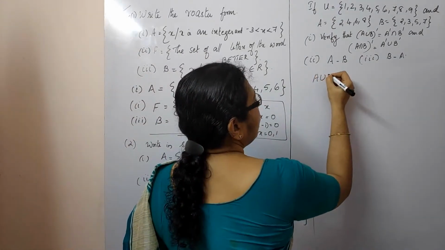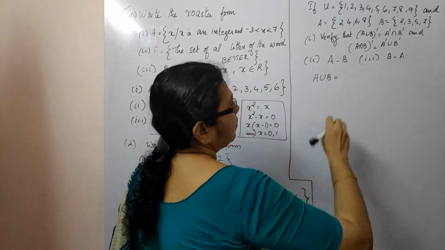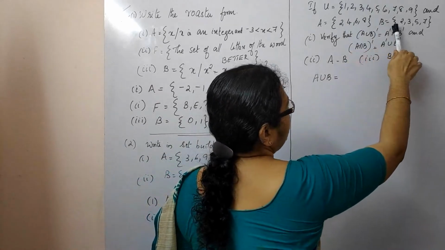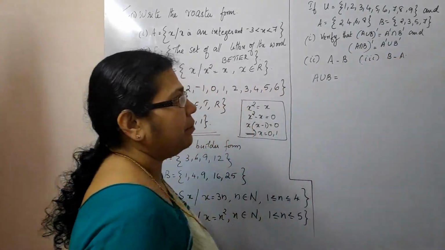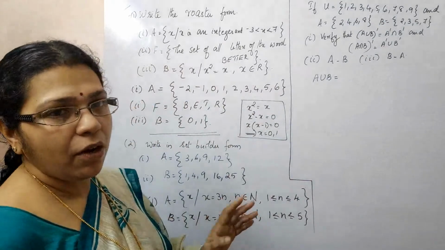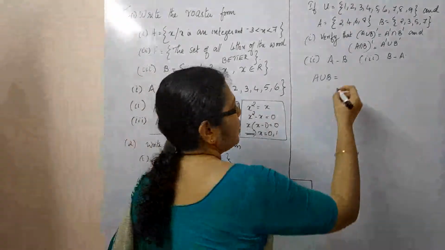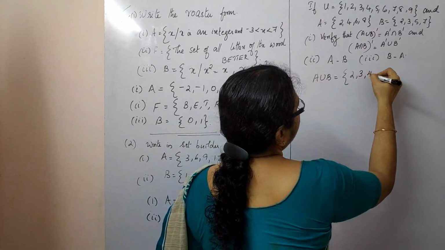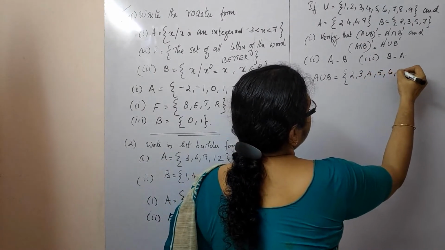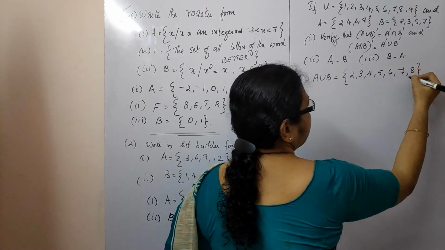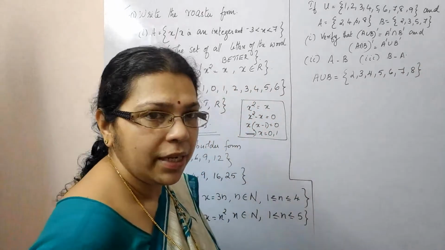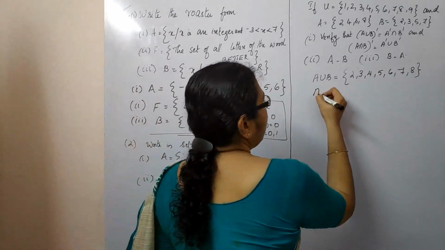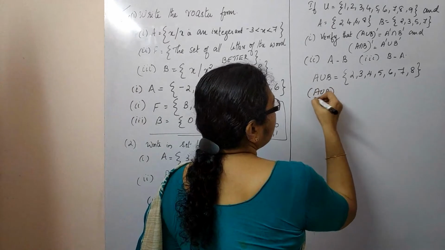Now for that, what is A union B? That is the elements in A or elements in B. The element must be in A or in B. So all the elements: 2, 3, 4, 5, 6, 7 and 8. These are the elements that come in A union B. Now A union B the whole complement.